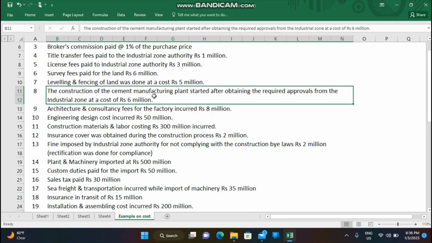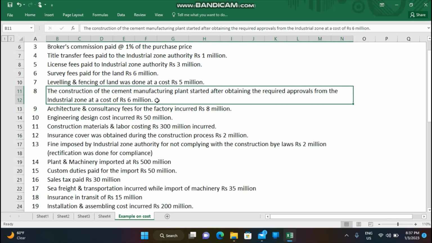The construction of the cement manufacturing plant started after obtaining required approvals from the industrial zone at a cost of rupees 6 million. So in order to start the construction, they have to obtain some approval from the industrial zone to conduct the construction activity on the land which was acquired.